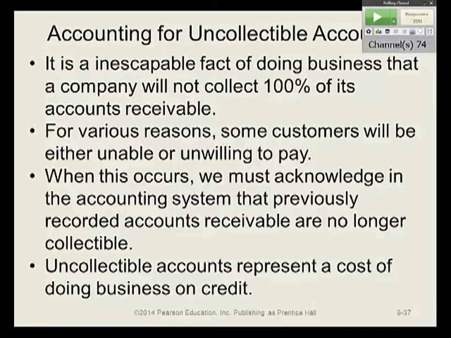Matching. So we try to recognize a bad debt expense in the year of the sale to try to match it with increased sales revenue. Now, the direct write-off method does not do this. Direct write-off method fails to do that, and that's why it's not acceptable for GAAP.